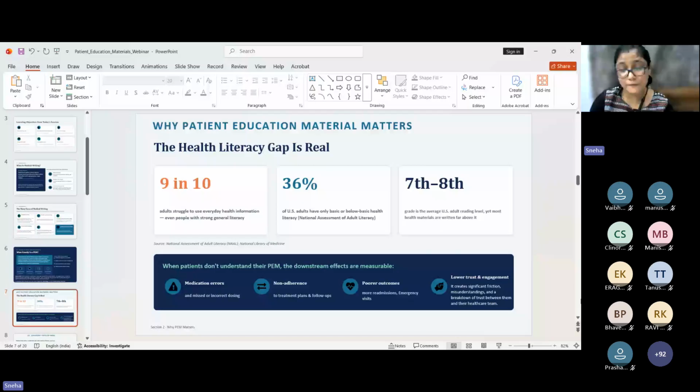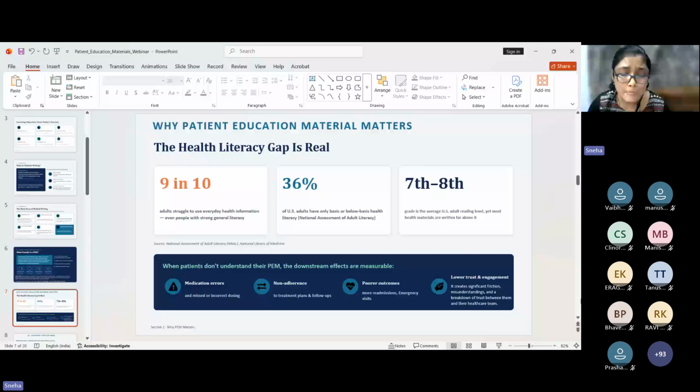Now, if a patient education material is written in a language that is not understandable by the patients, then there are measurable downstream effects. To name a few, we have medication errors.